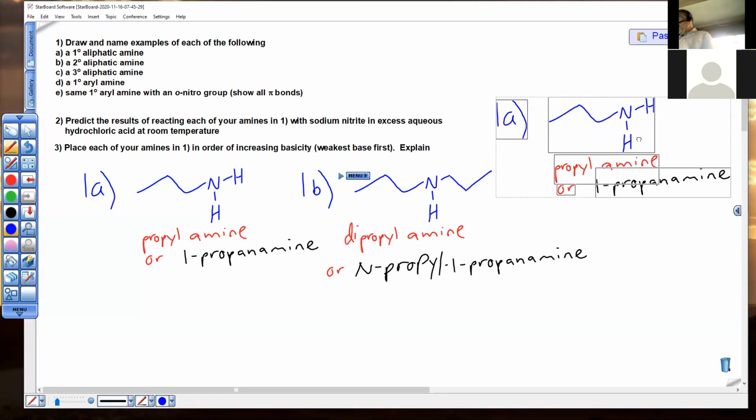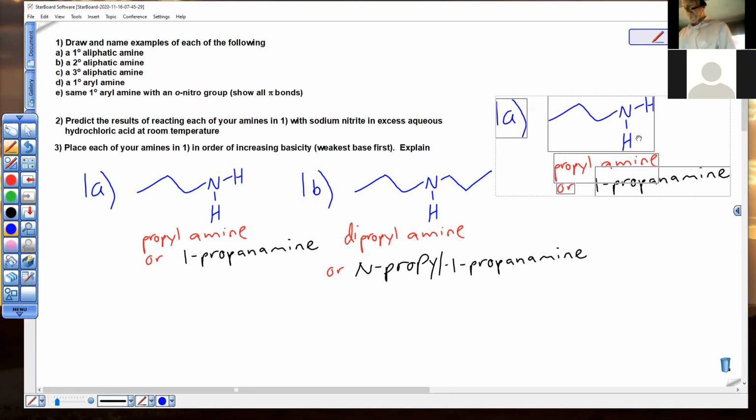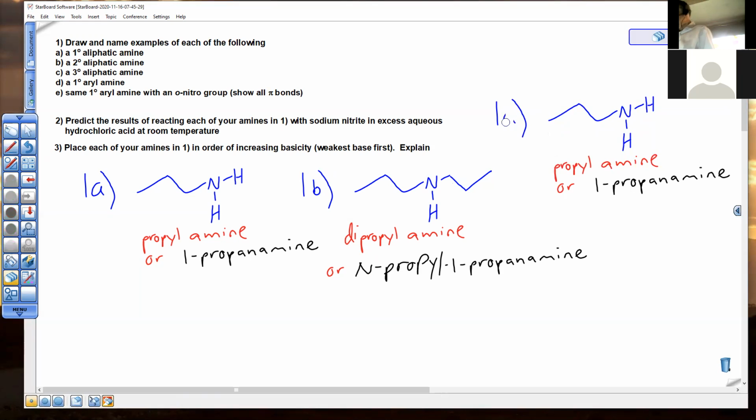And you know where I'm going with this. Should have copied the second one, huh? It's okay. Slows me down. So we have tripropylamine.